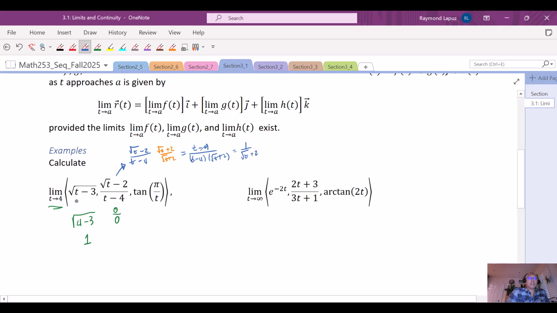And then now we take the limit as t approaches 4 of this expression that got simplified. And so this is going to be 4 under square root. And so that's going to be 2, and we add 2 to it, and you get 1/4. So this just becomes 1/4. We have, for this last one, tan pi over 4.